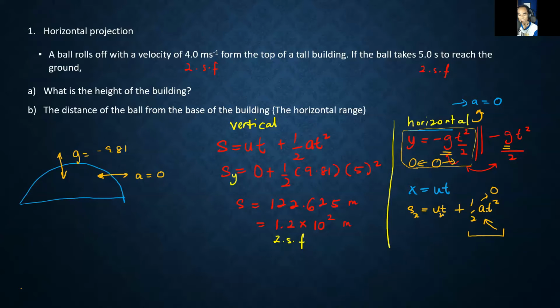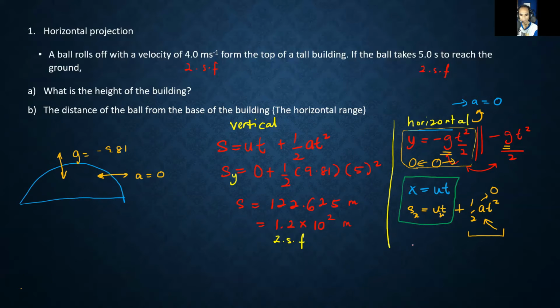Half times 0 times t squared, everything will be 0, leaving out what Yang said, that is sx equals ut. Can you see? It is the same as what Yang said. Okay, so Nicholas, continue with this working.